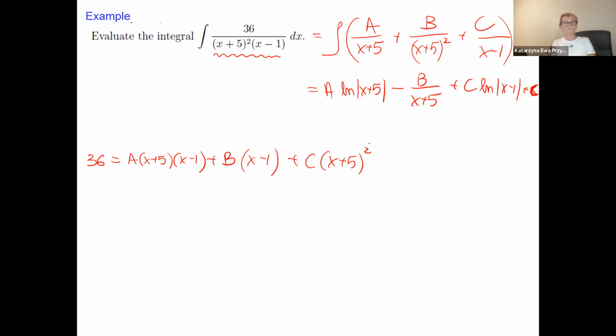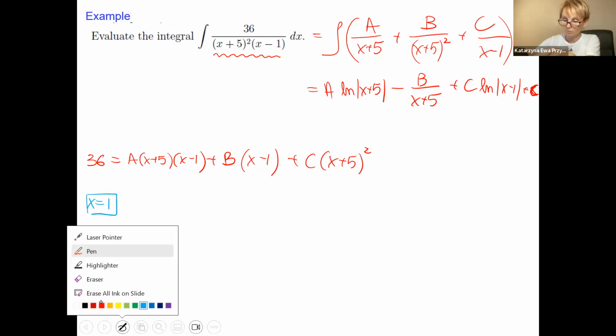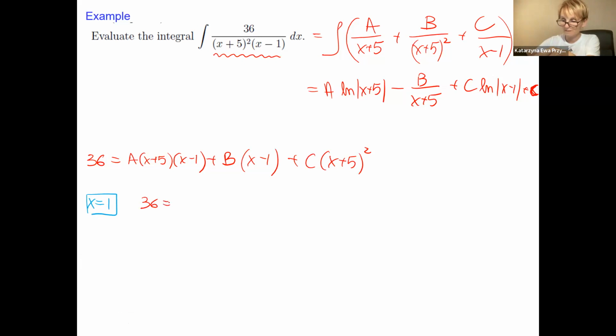Now we have a couple of ways to get the coefficients, but let's do the first method. When we substitute 1 instead of x, what are we getting? 36, this is gone, this is gone. 5 plus 1 is 6, 6 squared is 36c, so c is 1.